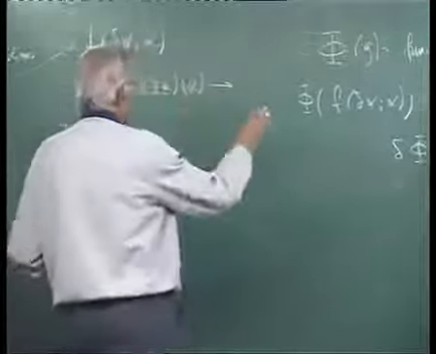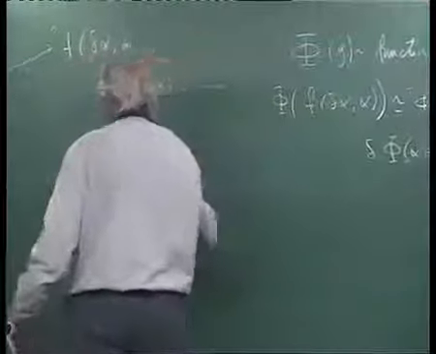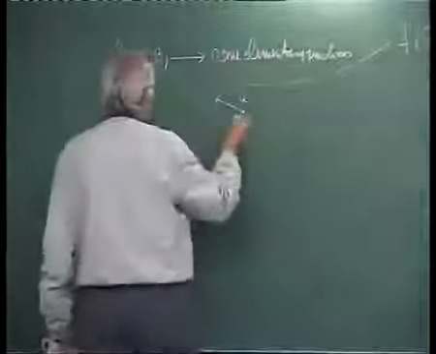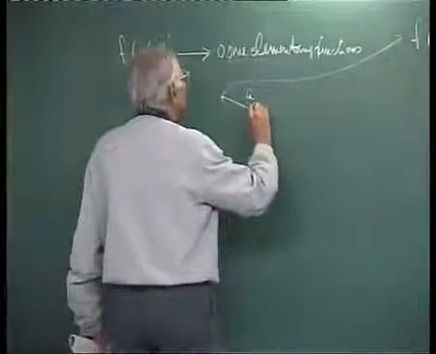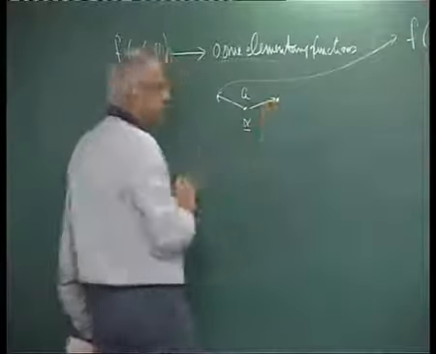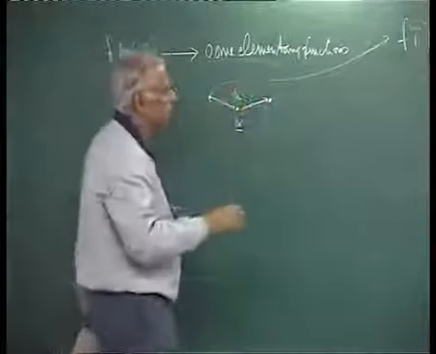You could have done all this in the other order. You might have said, instead of multiplying A on the left by an infinitesimal element, you multiply it on the right by an infinitesimal element. Then you will go in that direction.